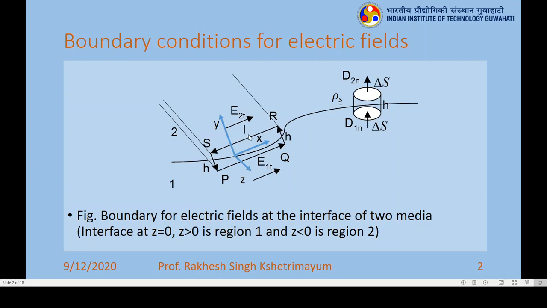Then we also do the line integration over the RS portion. Here you can see that the line integration is directed along this direction, but the electric field in region 2, E2t, is directed along this direction. So we have a negative sign here. The line integration will give the contribution from RS as minus E2t L, and there is no contribution from the SP portion because the height is tending to 0.